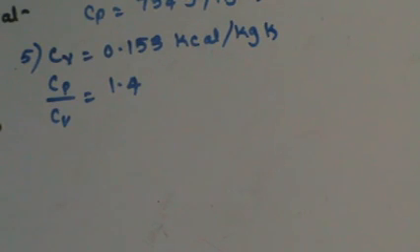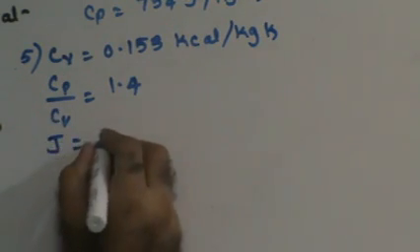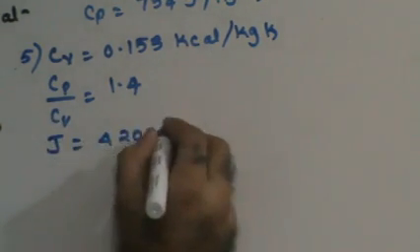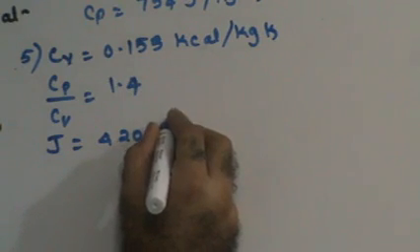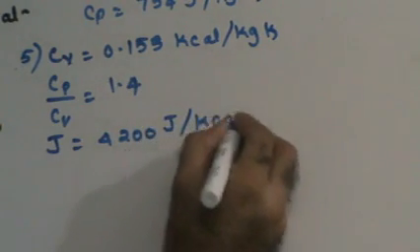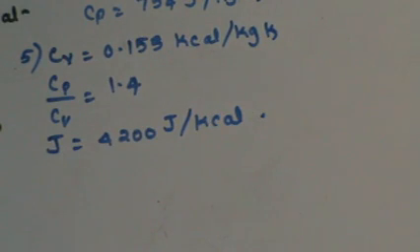Calculate R if J is 4200 joules per kilocalorie.